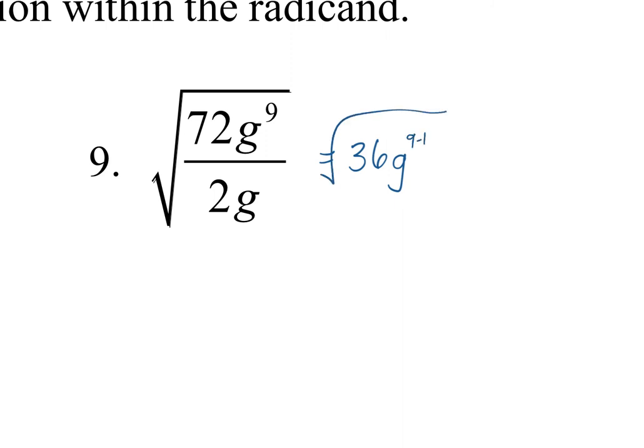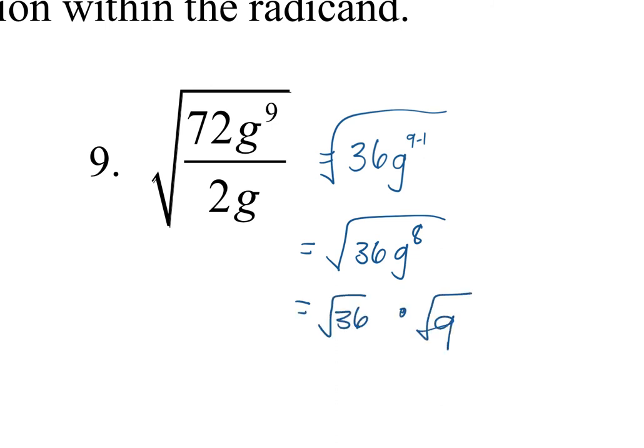But that would be the square root of 36, g to the 8th. And now think about the square root of 36 and then the square root of g to the 8th. The square root of 36 is 6. And the square root of g to the 8th, 2 goes into 8 4 times evenly.